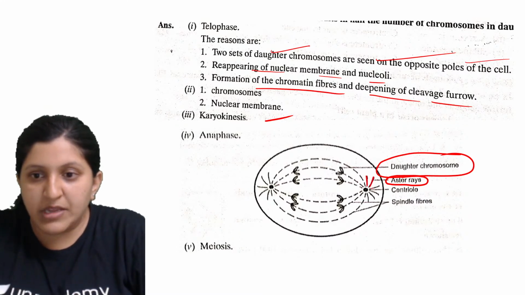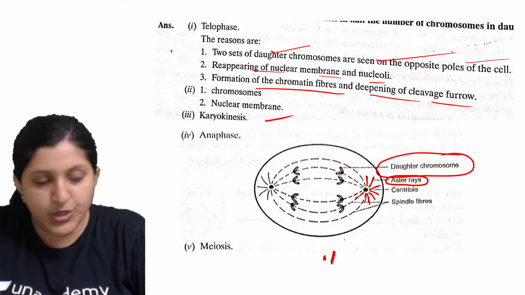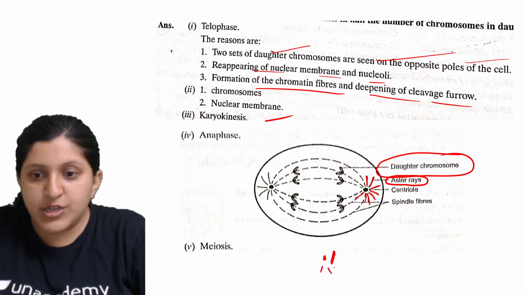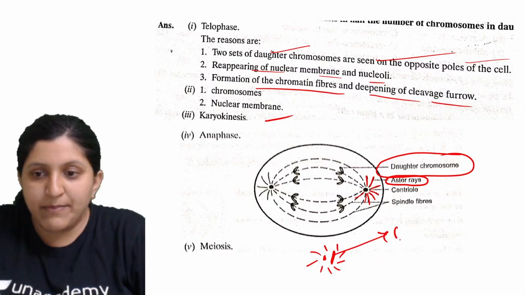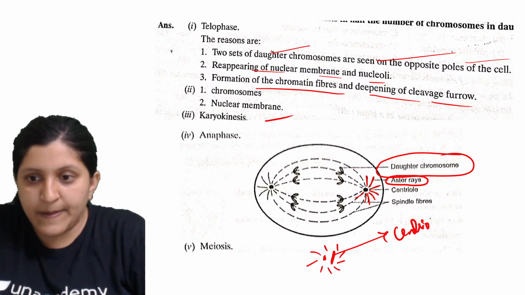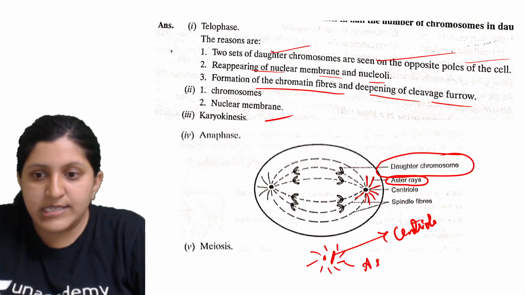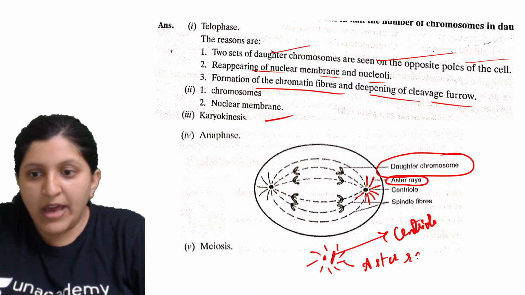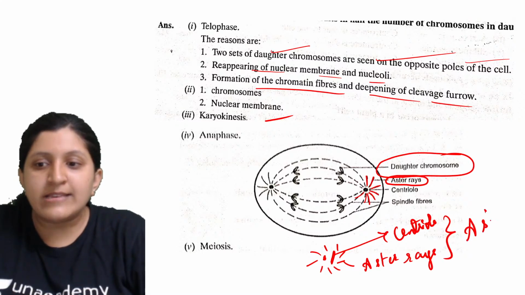Which together we can call, now you know this is a centriole. So surrounding the centriole you can see these aster rays. I'll label this as centrioles. Along with the centriole you can see aster rays there. Now aster rays and centriole together, we call it an aster.